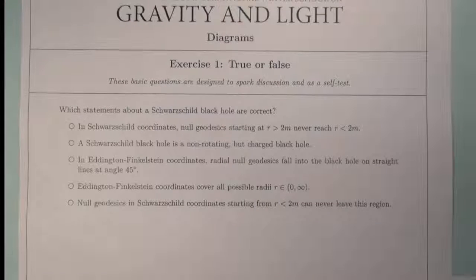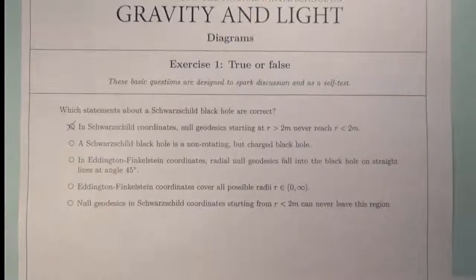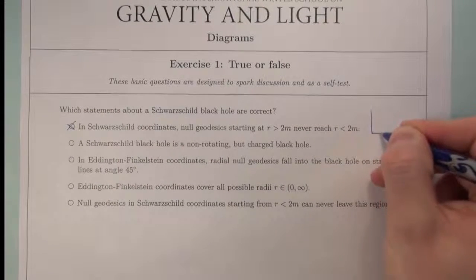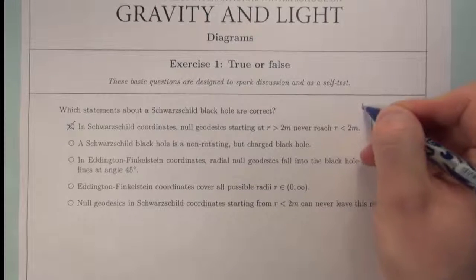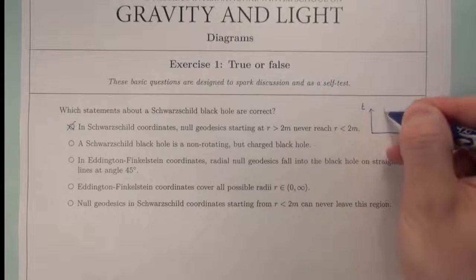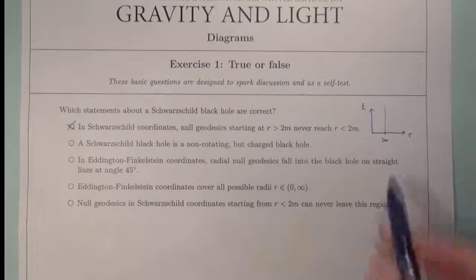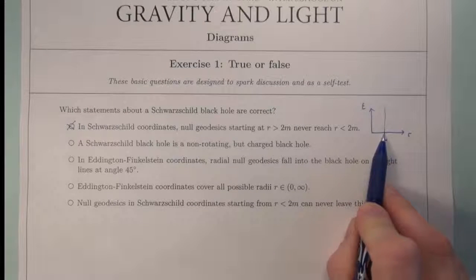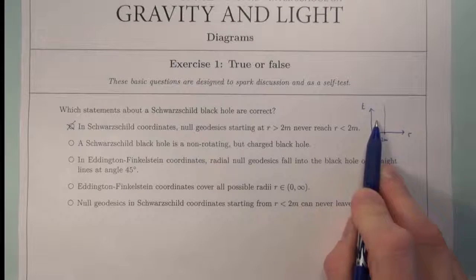In Schwarzschild coordinates, null geodesics starting at r larger than 2m never reach r smaller than 2m. That's correct, because when you remember the space-time diagram where we draw the radial and the time coordinate here, then we had the singularity at 2m, and this point is excluded, so starting out of here can never end somewhere here.